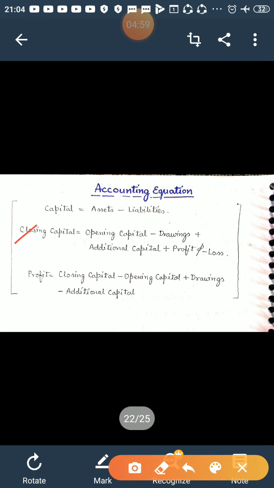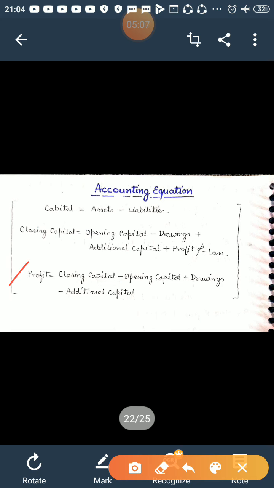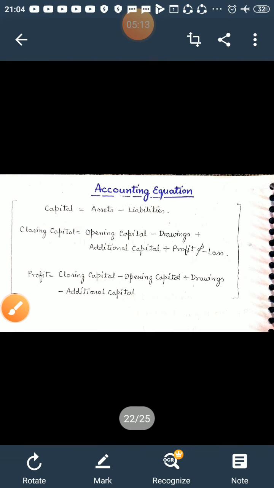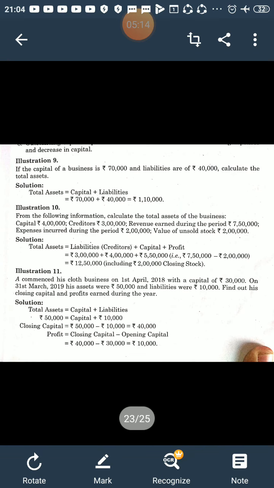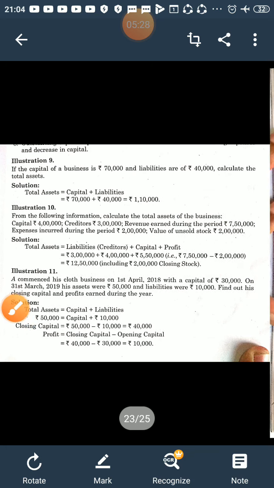In this question there are no drawings and additional capital, so profit equals closing capital minus opening capital, 40,000 minus 30,000, so the resultant balance is 10,000. This 10,000 is the profit for the year.